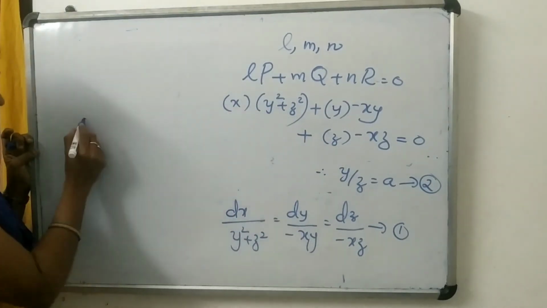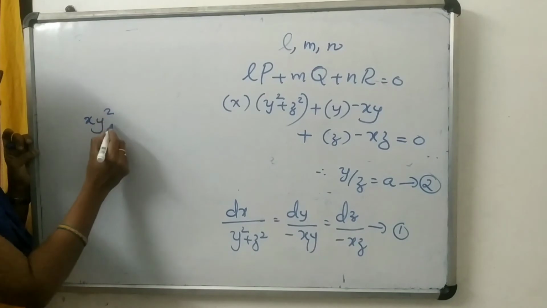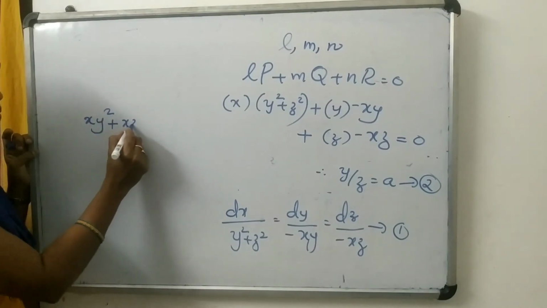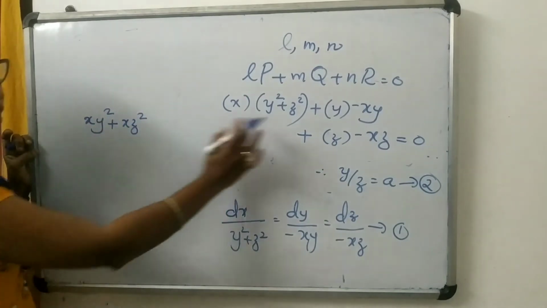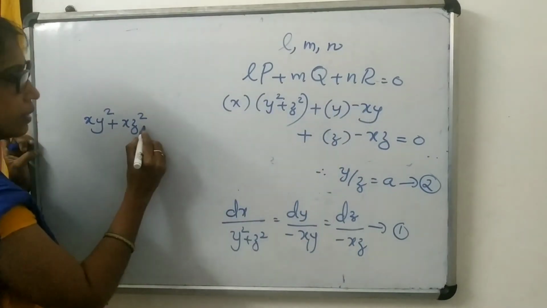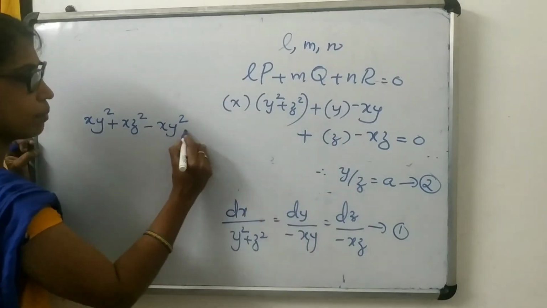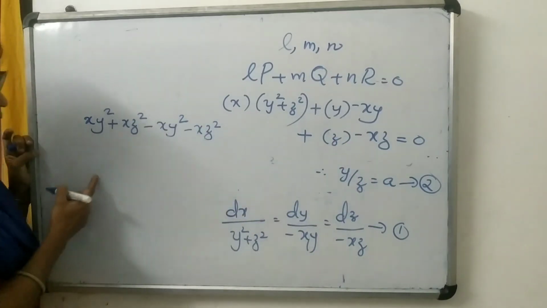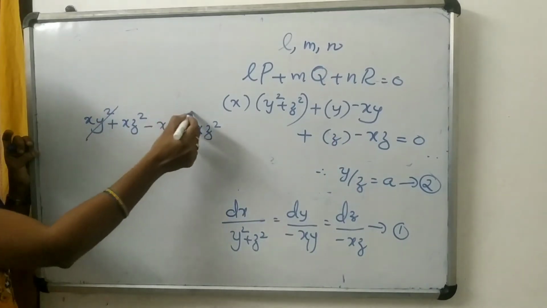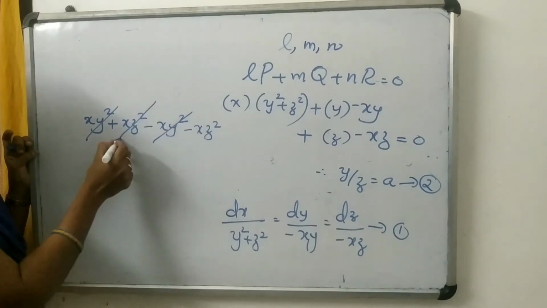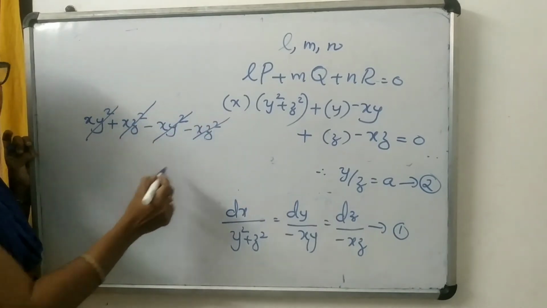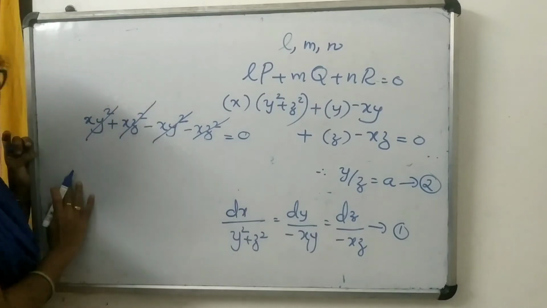This x into y square is xy square, plus x into z square, xz square. Here minus xy square, here also minus xz square. Look at this, xy square minus xy square, xz square minus xz square, which is equal to 0.